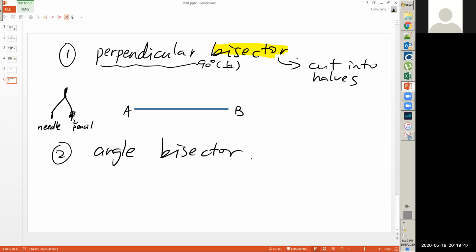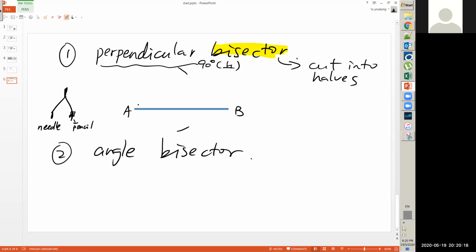What you do first is you put your needle here at point A, and then you use the pencil to draw an arc. The arc will be like this.